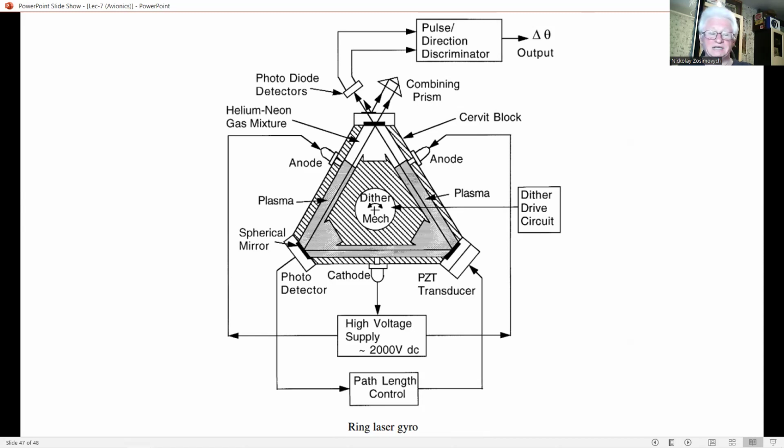Standard rate ranges from plus minus 50 degrees per second up to thousands of degrees per second. Threshold resolution is less than 0.004 degrees per second. It means less than 50 degrees per hour, Earth's rate of rotation. And the bandwidth of 90% loss is greater than 60 Hz.